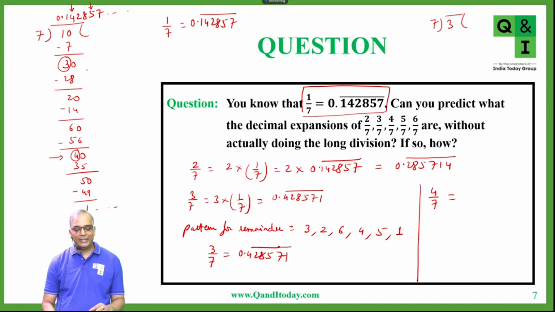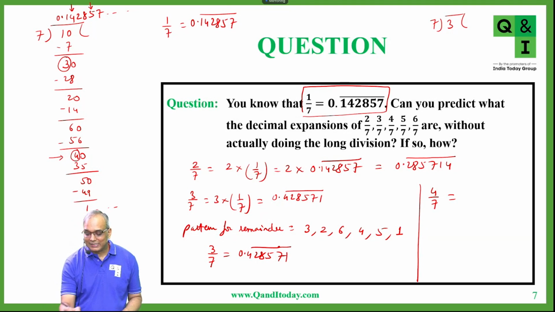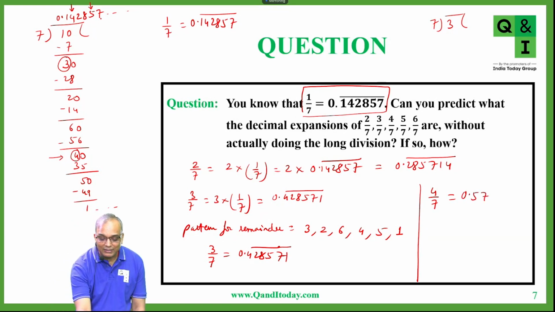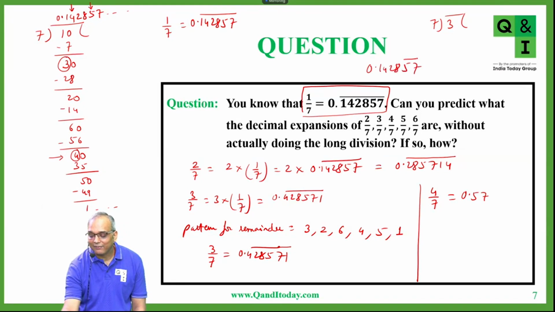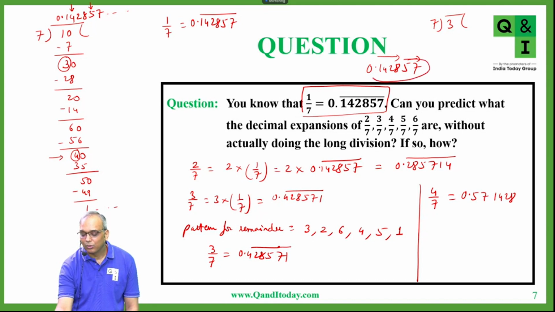So 40 divided by 7, you will have 5 as the quotient. So we'll start with 5, 0.57. Once 57 is done, we have 142857. So I'll start with 57 and then again start from the start. So 571428. This is cyclic basically. We start with 57, go to 1428 after this.